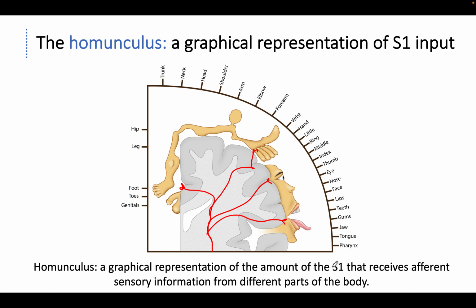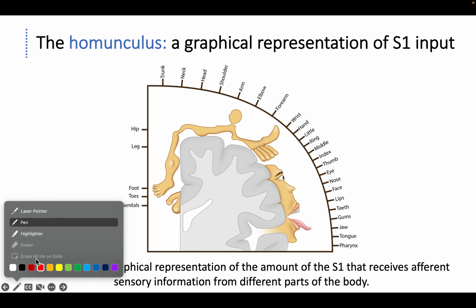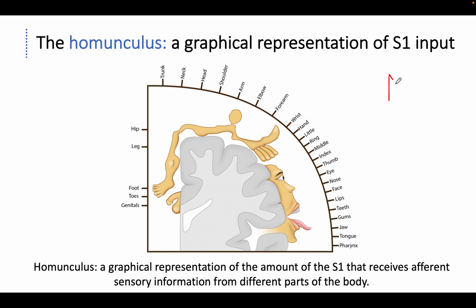Now, let's say for a second that this is not a sensory cortex, but this is now our primary motor cortex, okay? So let me actually get rid of this. This is our primary motor cortex now. So this is primary motor, right? Say we want to initiate movement to our fingers. We want to type, or we want to grasp something, or we want to move our fingers to write. Well, that signal is going to start here, and it is going to flow down into the spinal cord down here.